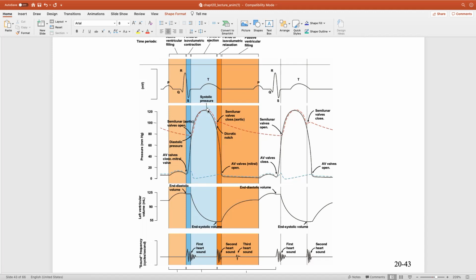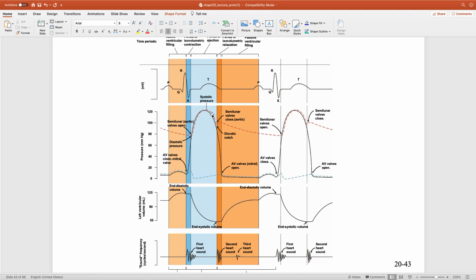Halfway through the T wave right here, some of the ventricular muscles are going to start to repolarize and relax, causing a drop in blood pressure. Even though it's dropping, it's still greater than the blood pressure in the aorta. What happens? You're still ejecting blood.